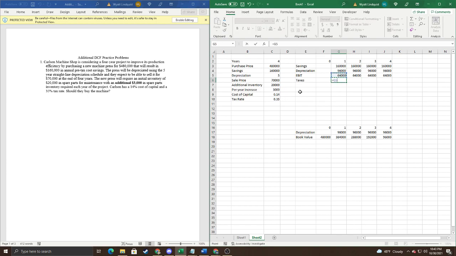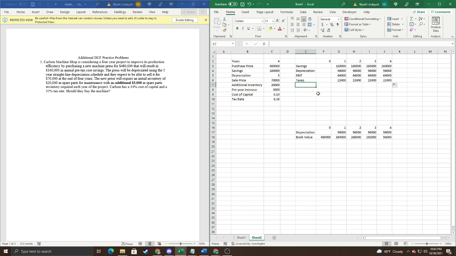So equals this times this, and then this one we want to keep the same, so we're going to F4 it because we want it to use the same thing. So what we're going to owe is $22,400 more in taxes every year due to this purchase, and we're going to save $6,400.